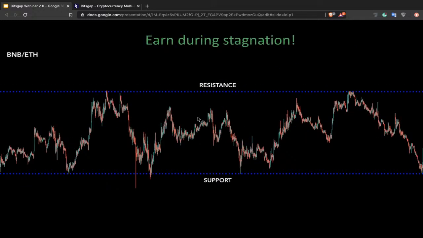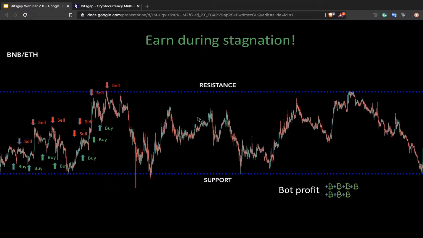On the sideways market, the idea here is to earn during this stagnation. The sideways market is basically the period of time when the market is neither moving upwards nor downwards, so it stays somewhere in the neutral zone, somewhere in between. So once again, using automated trading, you allow the bot to make profits for you during this stagnation, because the bot can find these opportunities to buy low and sell high.